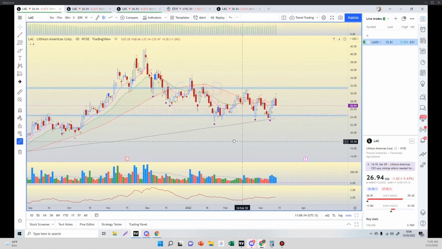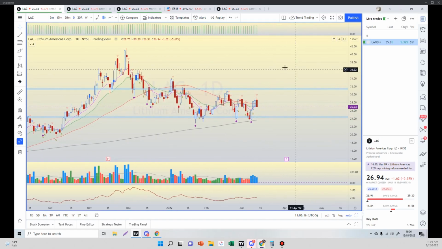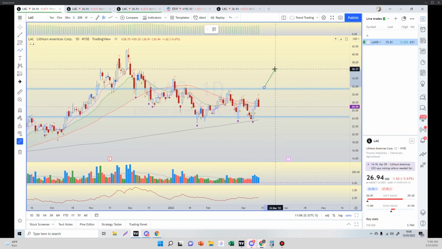Now, the other key thing about these levels as we move forward is that I'll find my path chart tool here. So what tends to happen is a stock will, when it finally breaks through there, go up, but then they often come back down and test.